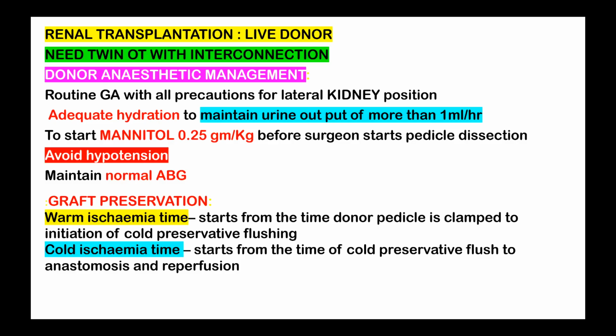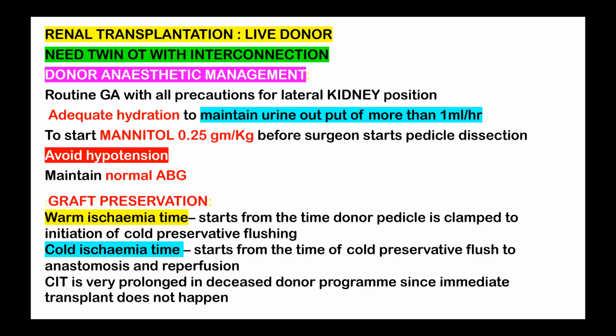Some people describe that as secondary warm ischemia, since only surface cooling is done, not actual flushing, because you cannot cool the kidney as you do with flushing cold saline or the cold preservative fluid. And cold ischemia time is very prolonged in some programs, where the kidney arrives from another institution, maybe at least 24 to 36 hours sometimes.